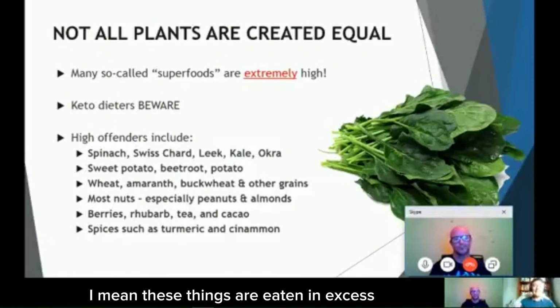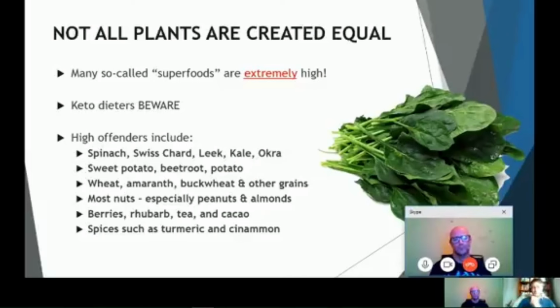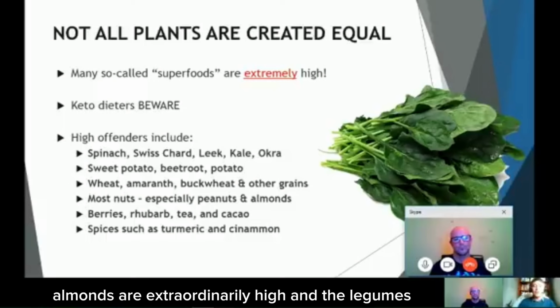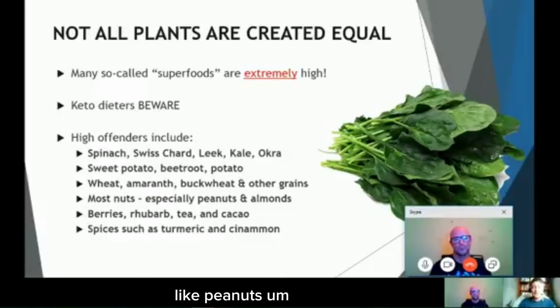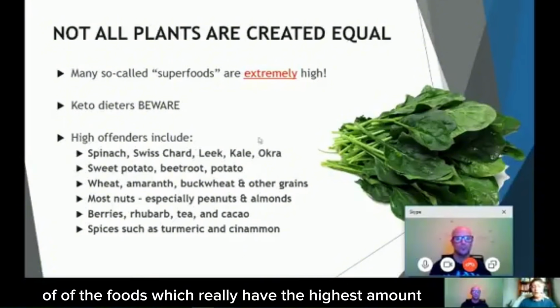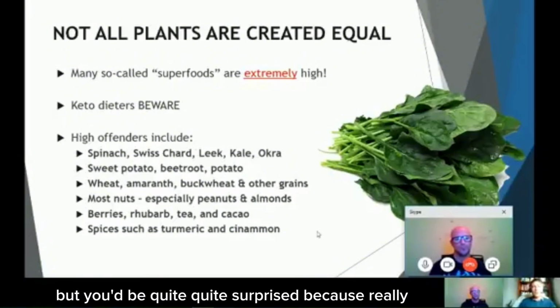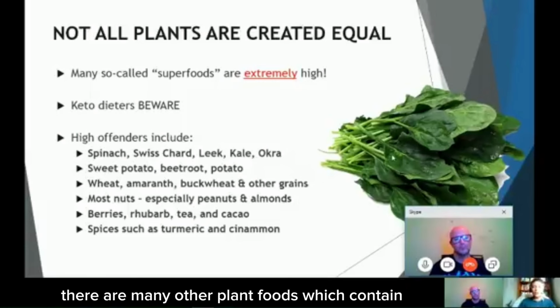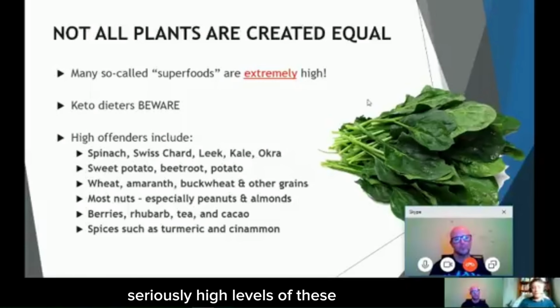I mean, these things are eaten in excess. But you also have nuts. Almonds are extraordinarily high, and legumes, like peanuts. There's a list here of the foods which really have the highest amount, but you'd be quite surprised, because there are many other plant foods which contain seriously high levels of these oxalate crystals.